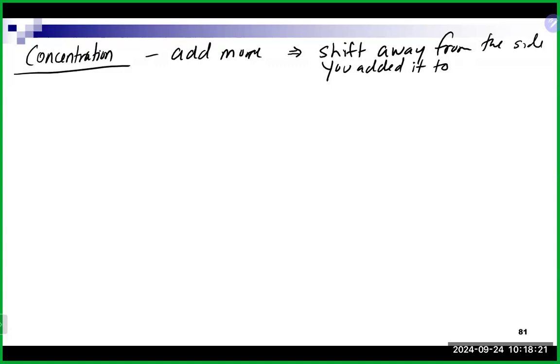So a good way to remember that is AA, add away. Whatever side you add it to, it will shift away. That means if you add reactants, it will shift towards the product side. If you add products, it will shift towards the reactant side of the equation.